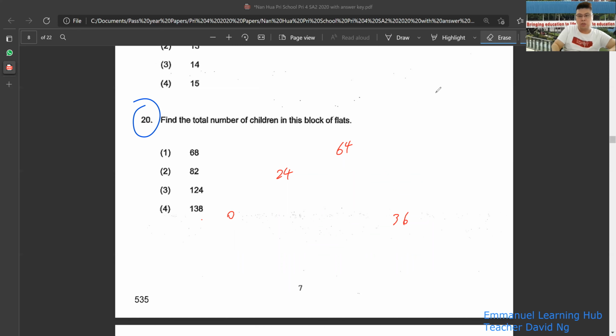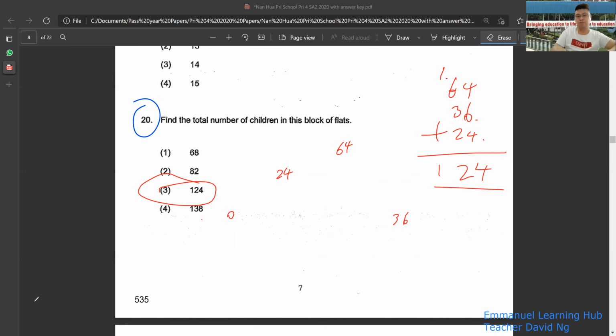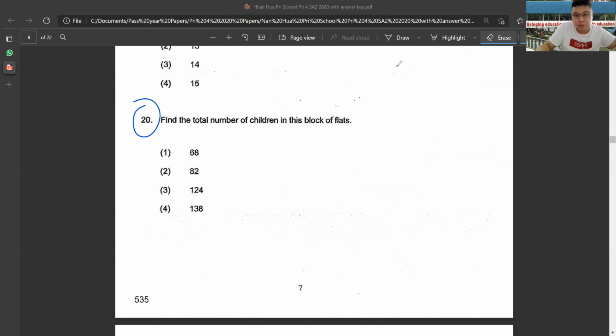You have 64, 36, 24, add together, 0, 14. 6 plus 1, 7, 10, 1, 2, 4. The answer is number 3, 1, 2, 4. Okay? Understand now?